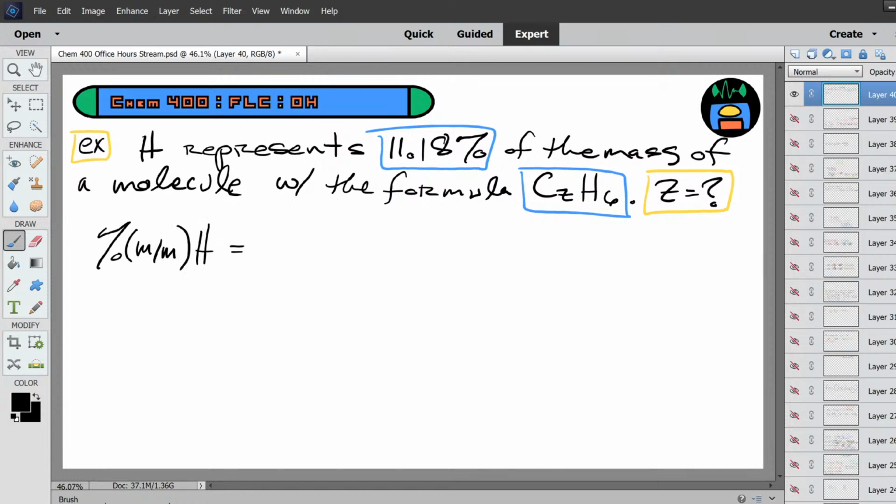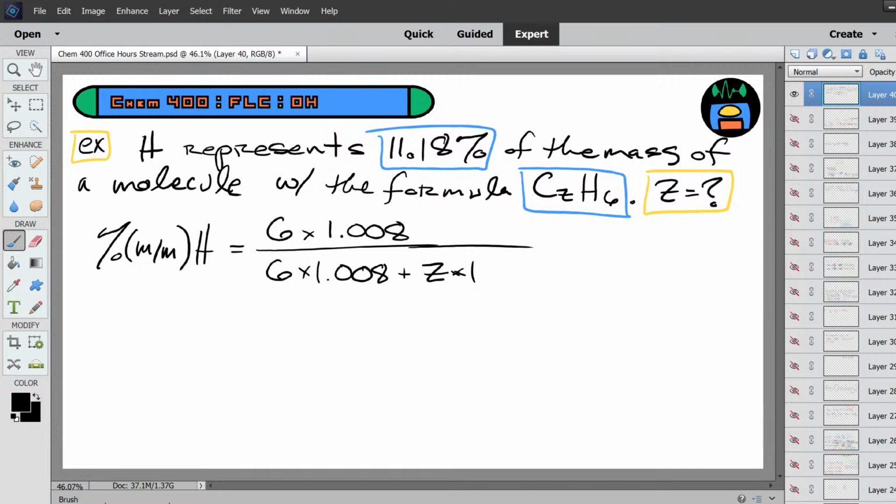It's 6 times the atomic mass of hydrogen, right, divided by 6 times the atomic mass of hydrogen plus Z times the atomic mass for carbon, times 100. Right, that's what the percent mass is.